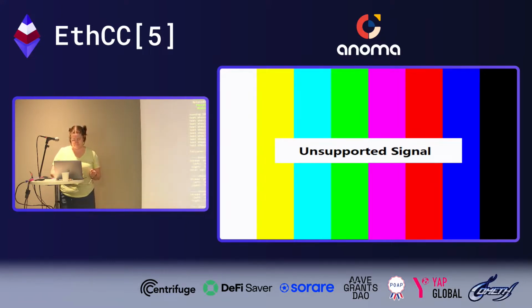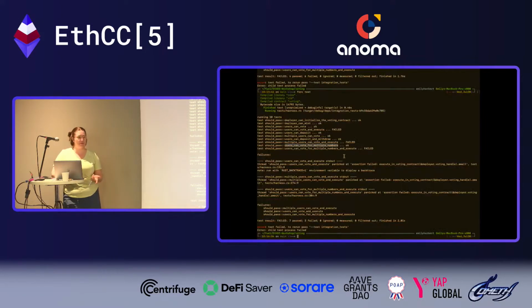So let's test this. And we see that a bunch more tests pass because now users can vote. The users can vote test passes, multiple users can vote, and users can vote for multiple numbers all pass.